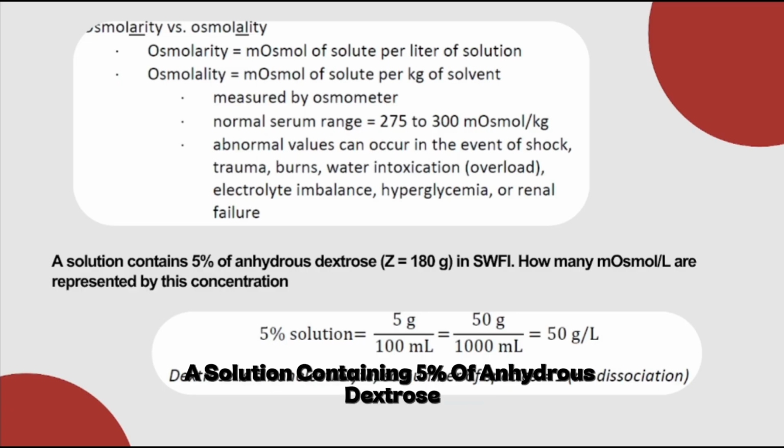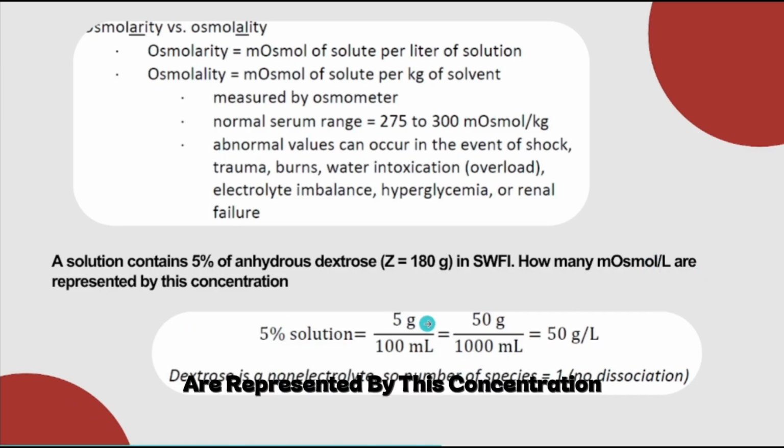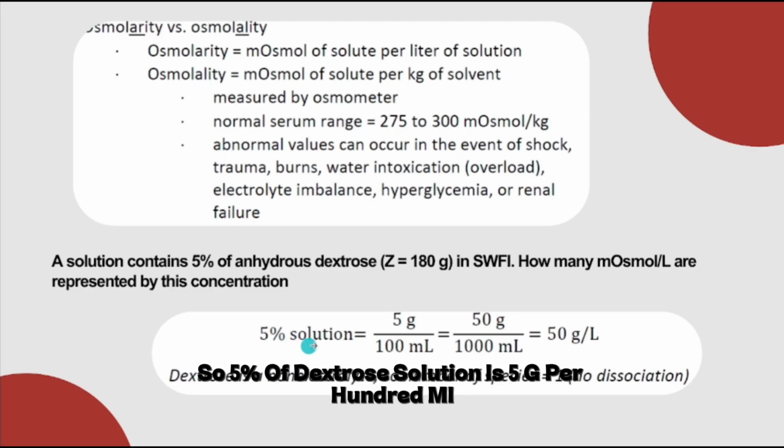A solution containing 5% anhydrous dextrose in sterile water for injection: how many milliosmol are represented by this concentration? So 5% dextrose solution is 5 gram per 100 ml. Since dextrose does not break into any species, we take the number of species as 1, as there is no dissociation.